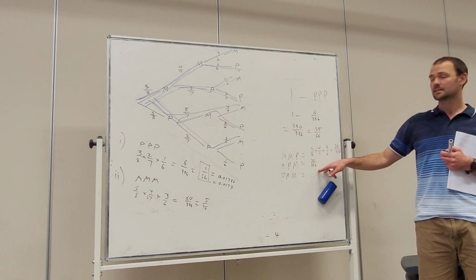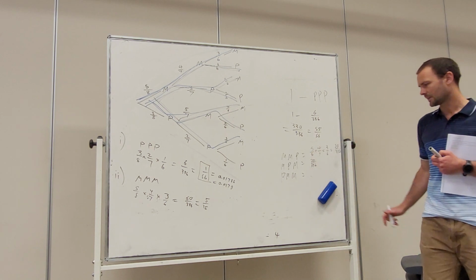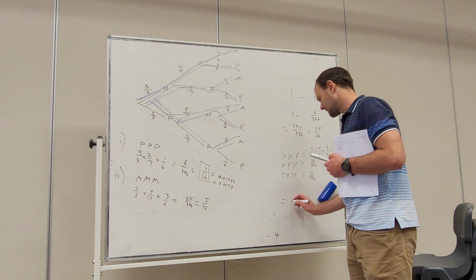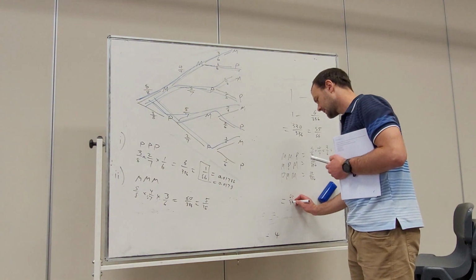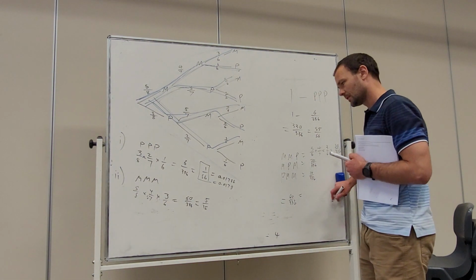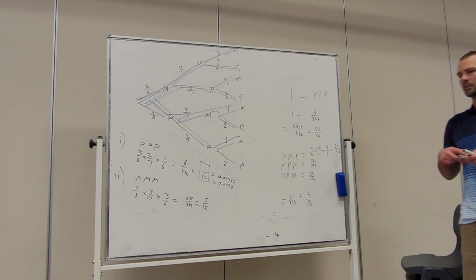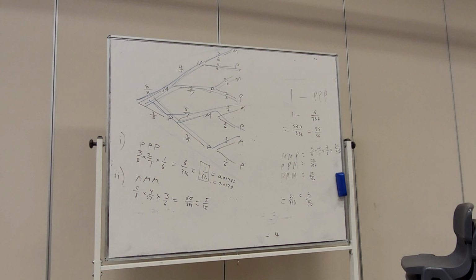The denominator stays the same. The numerator is ordered differently, and order of multiplication doesn't matter. And so all of these events add up to 60 on 336, which we evaluated before, 5 on 28.